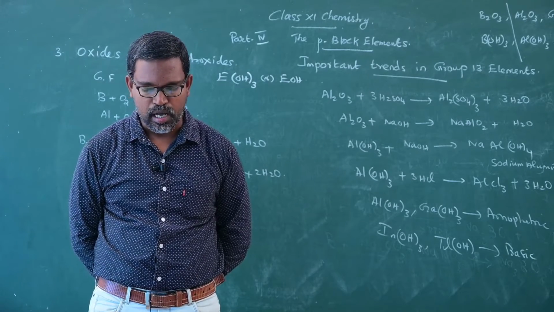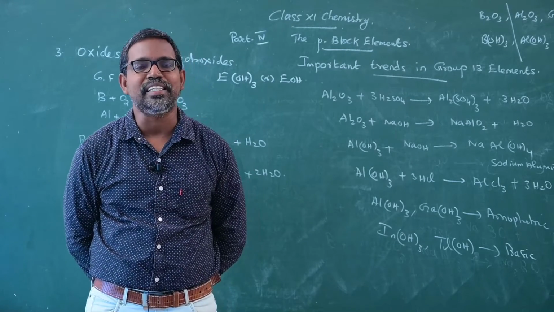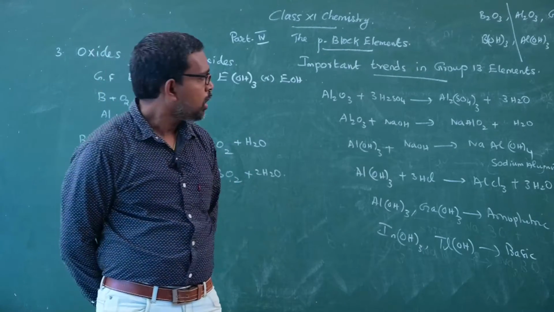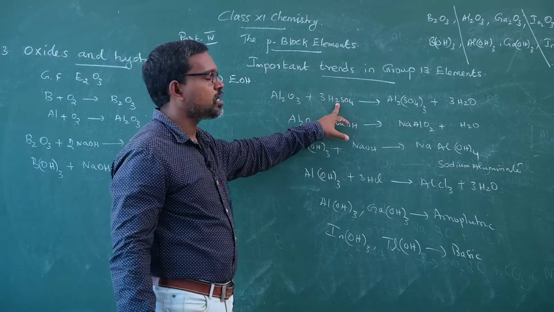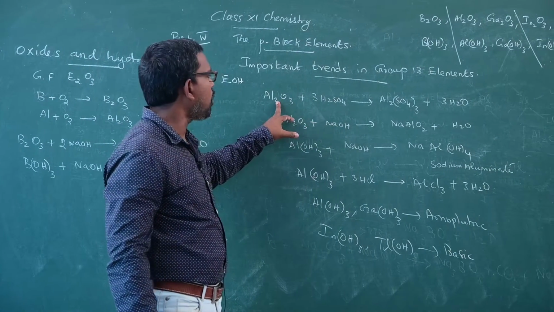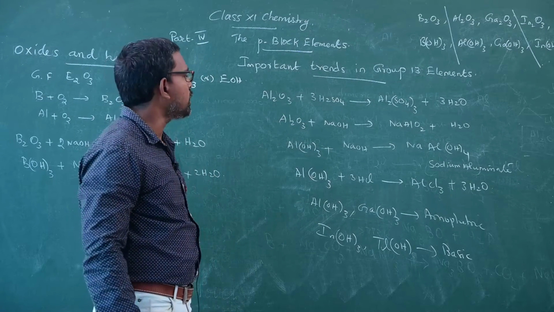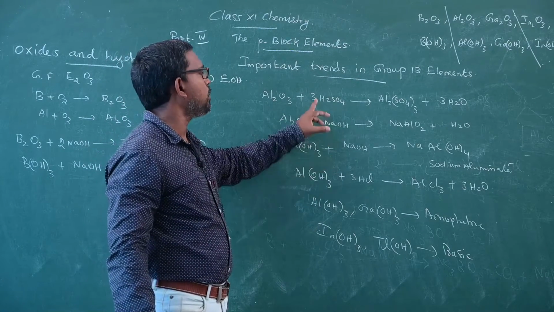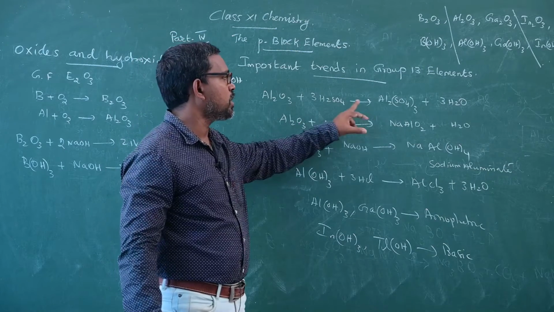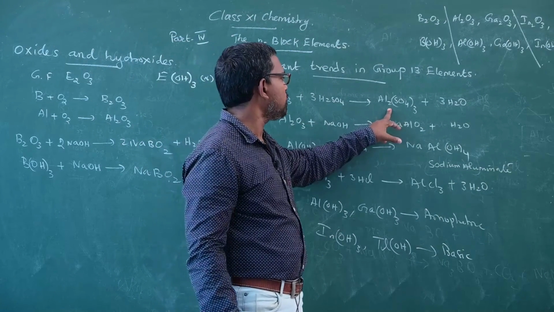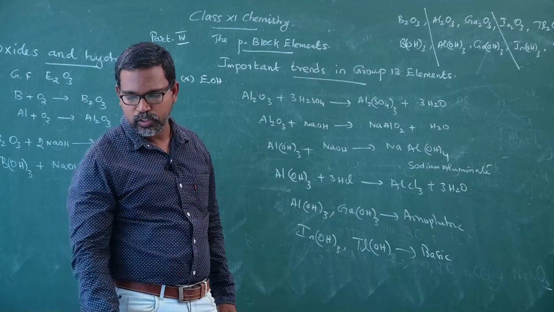The oxides and hydroxides of boron are weakly acidic in nature. Aluminium oxide is amphoteric in nature, therefore it readily reacts with acids and bases. With sulfuric acid, it gives aluminium sulfate and water.